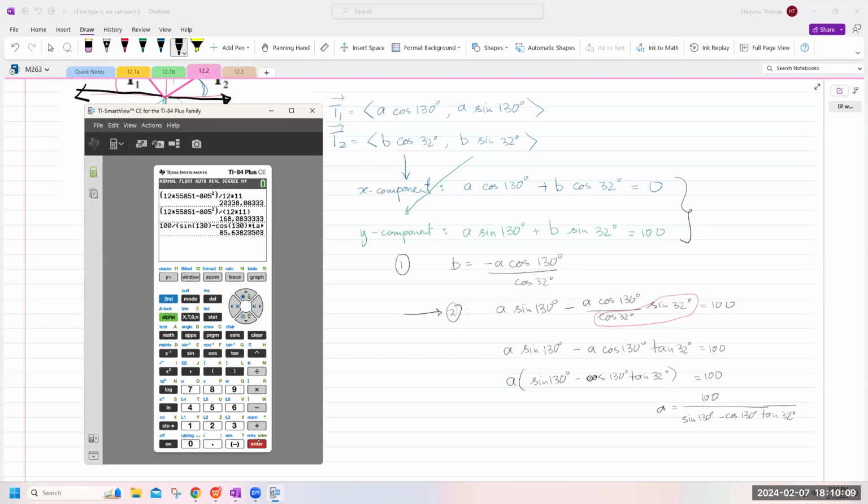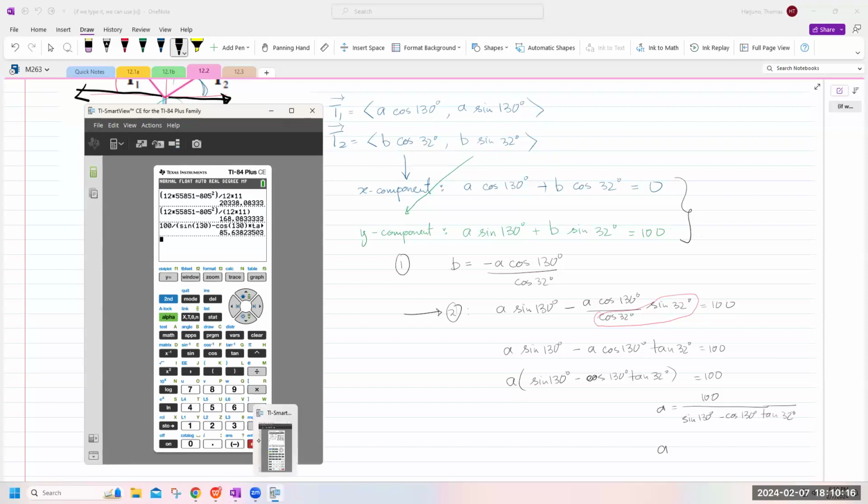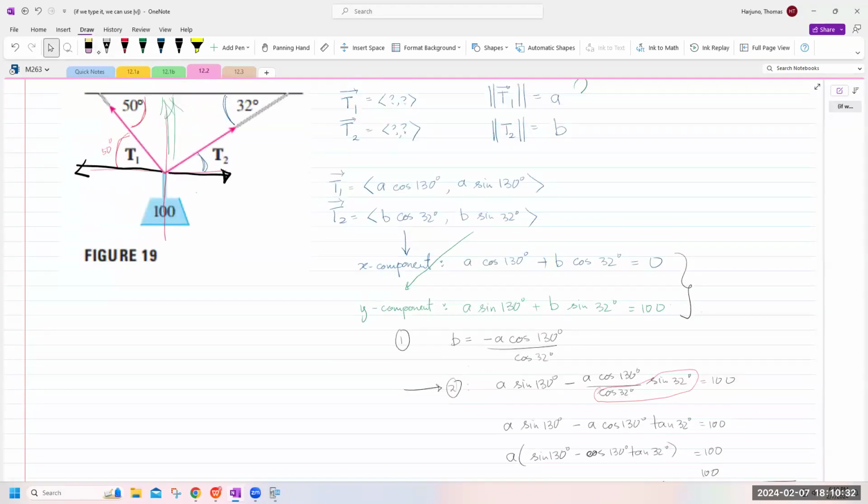That gives us the A. So A is equal to 85.63824. Suppose this 100 here is in kilograms.